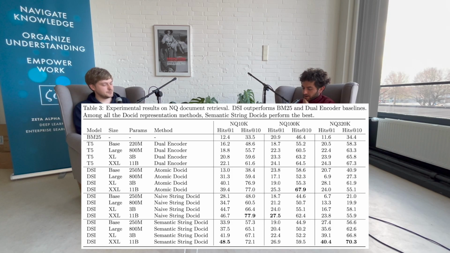One thing that I would like to ask you is they use as a baseline BM25 and T5, but they also have their own optimization of that. Is there any way that we can know how competitive this is compared to other methods? How much they push this T5 baseline, to get a sense of how close this is to state of the art or to other methods that we have talked about.